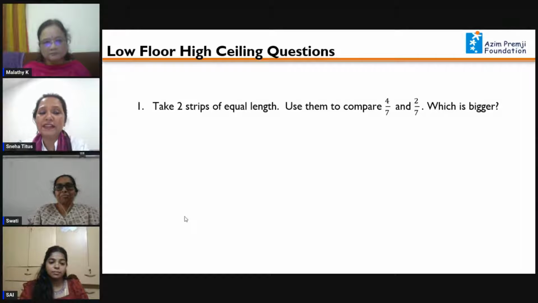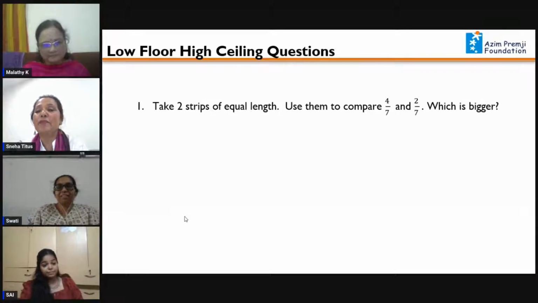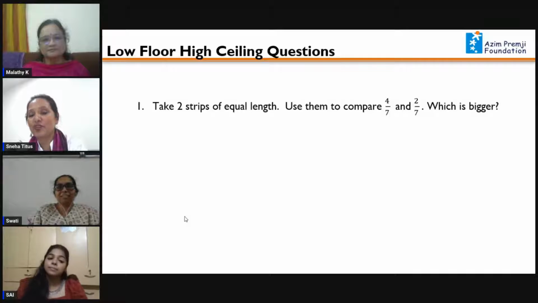This question is almost exactly what was done in class. Use two strips of equal length to compare 4 by 7 and 2 by 7. So what is the difference between what was done in class and what is being asked in this question?